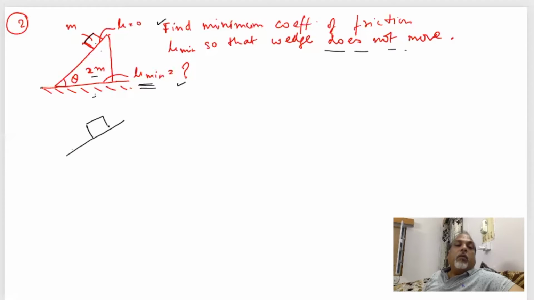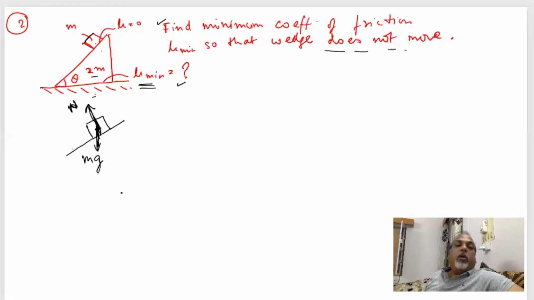This mass is there. It will have this mg, correct? And it will have a normal reaction, correct?